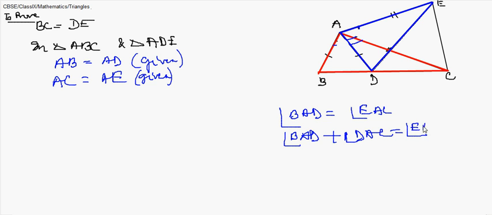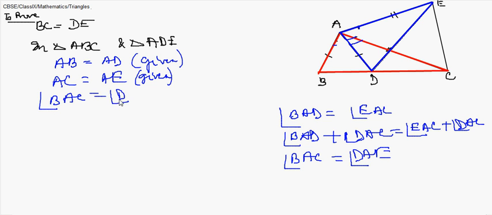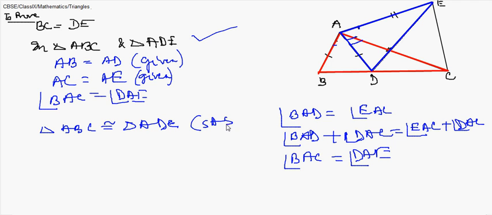This side it will be EAC plus DAC, thereby making the whole BAC equal to DAE. So the third part is angle BAC equals angle DAE, thereby proving the congruency of these two triangles by SAS congruency. Once I prove SAS congruency, BC and DE will be equal by CPCT, that is, corresponding parts of congruent triangles. Hope you followed it well. Thank you.